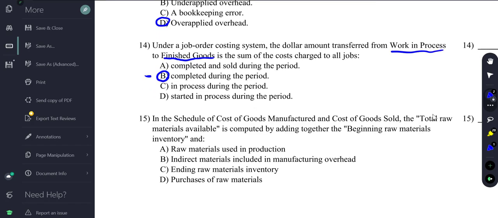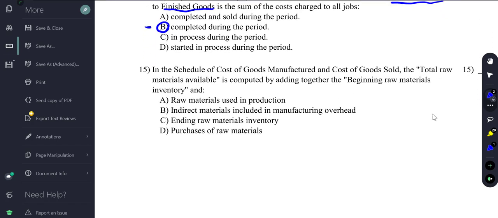Number 15, in the schedule of cost of goods manufactured and cost of goods sold, the total raw materials available is computed by adding together the beginning raw materials inventory and, this is going to be letter D, purchases of raw materials. So we have beginning raw materials, which is what we're talking about here.